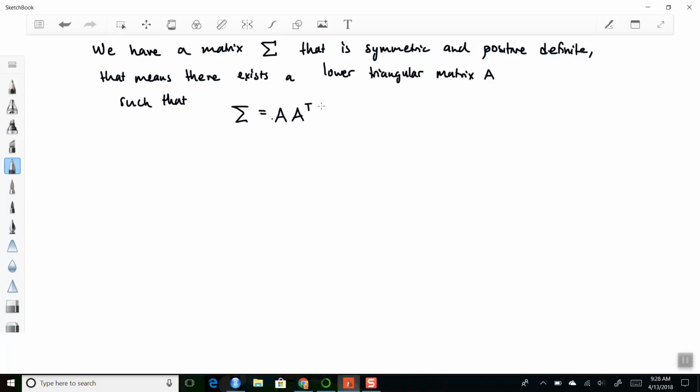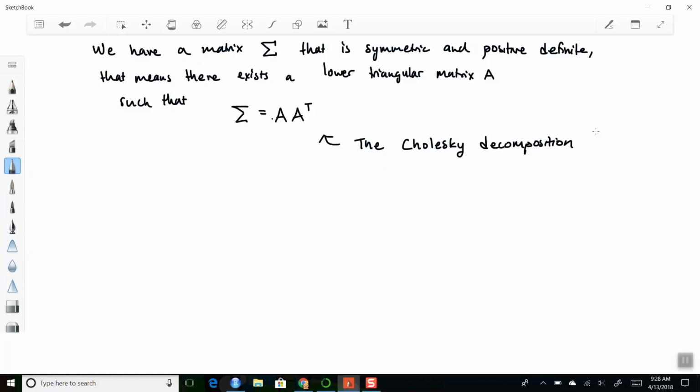Okay, and this thing is called the Cholesky decomposition. Does that sound familiar? Okay.